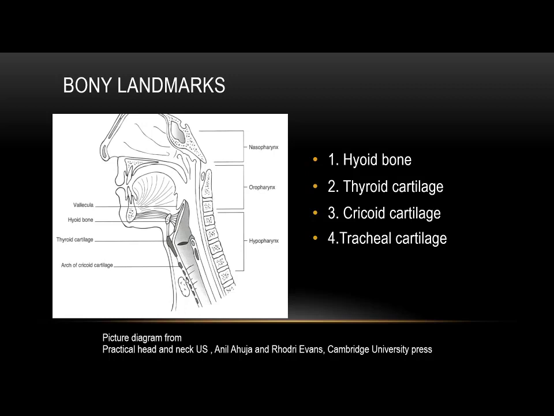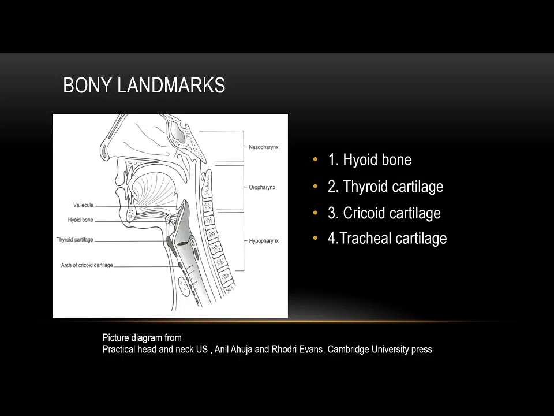Anterior to the tracheal cartilage, just beneath the cricoid cartilage, at about the first to third tracheal ring, there's a landmark, the thyroid isthmus. It is located anterior to the tracheal rings. Normally it should be around the first to third tracheal ring. The thyroid isthmus is the middle part of the thyroid and connects the right and left lobes of the thyroid together.